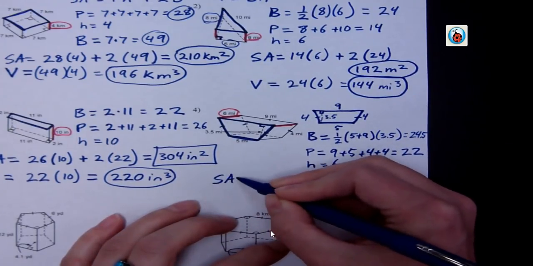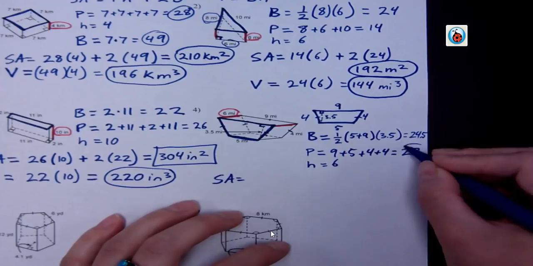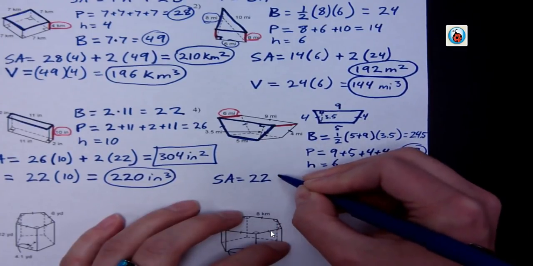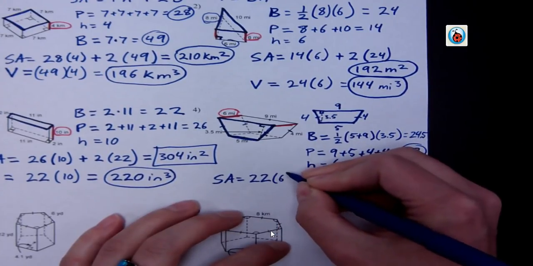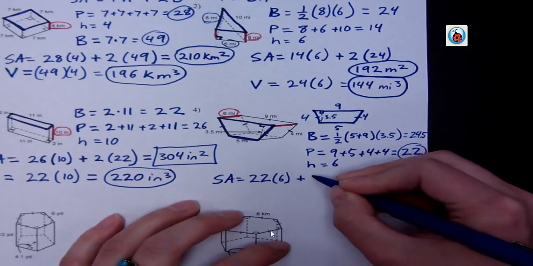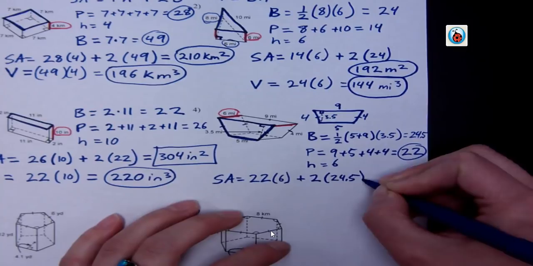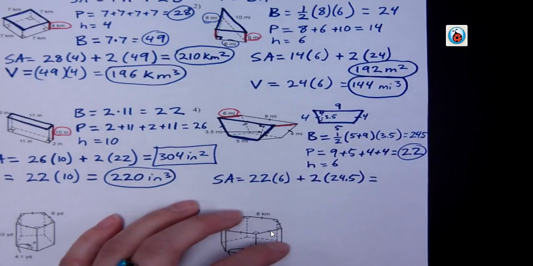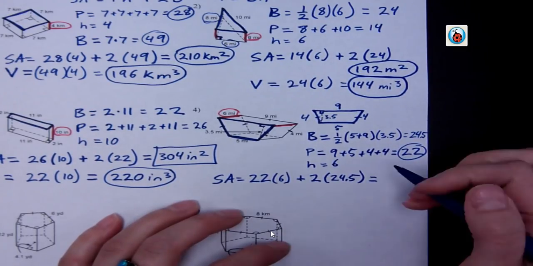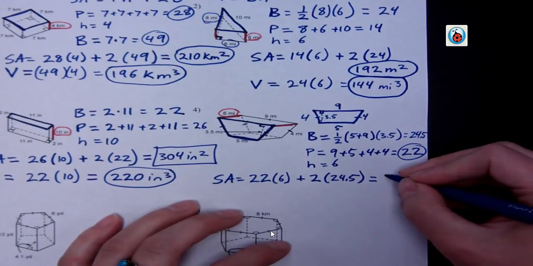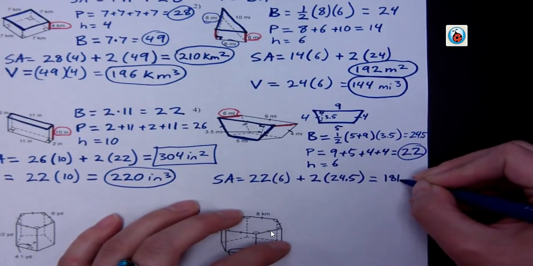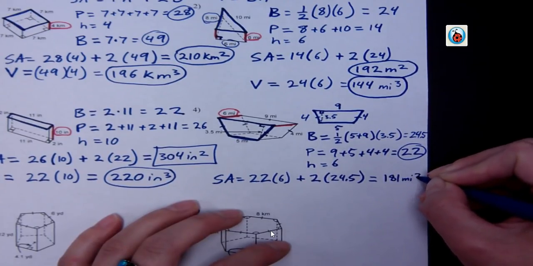So surface area equals the perimeter, which is 22, times the height, which is 6, plus 2 of the bases, so 2 times 24.5. I plug it all into my calculator and get 181 miles squared.